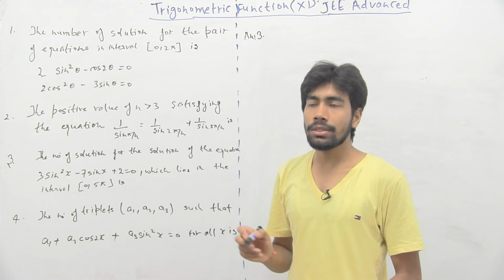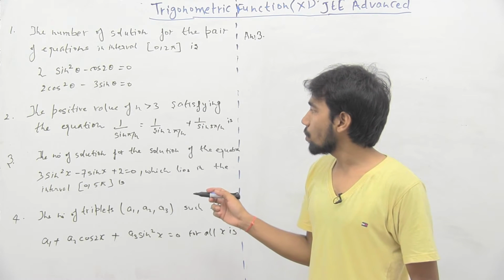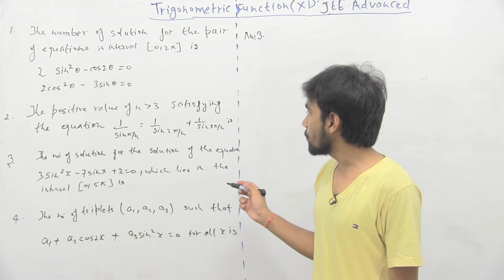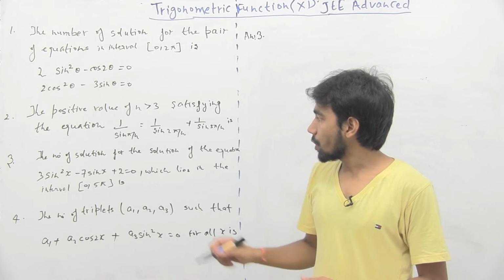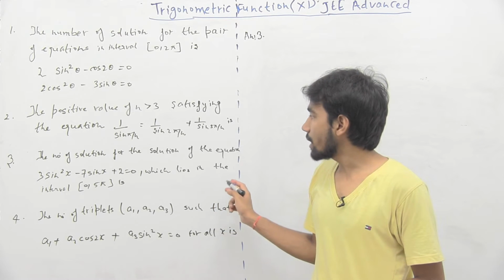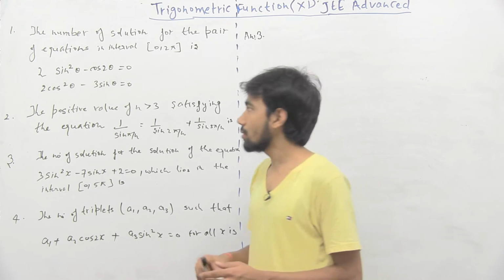Now come to question number 3. The number of solutions for the equation 3 sin square x minus 7 sin x plus 2 equal to 0, which lies in the interval 0 to 5 pi.